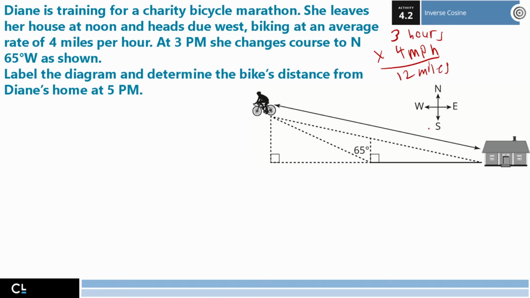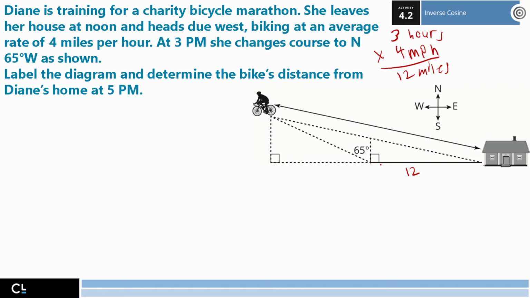So she travels 12 miles when she heads straight west. She starts here, going west, and she travels 12 miles. This distance from here is going to be 12.